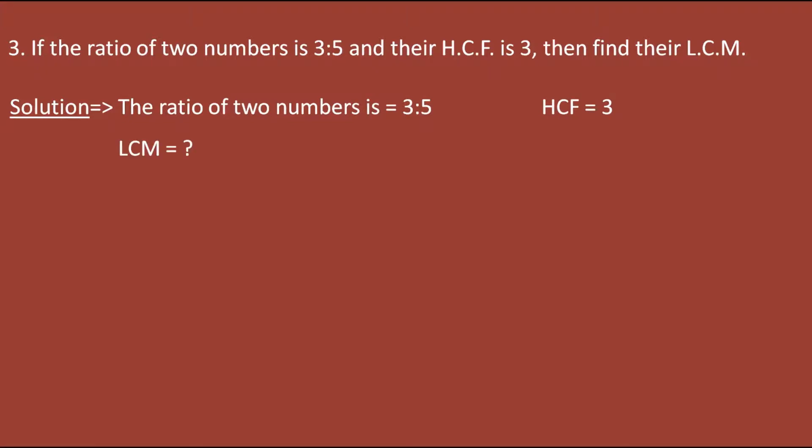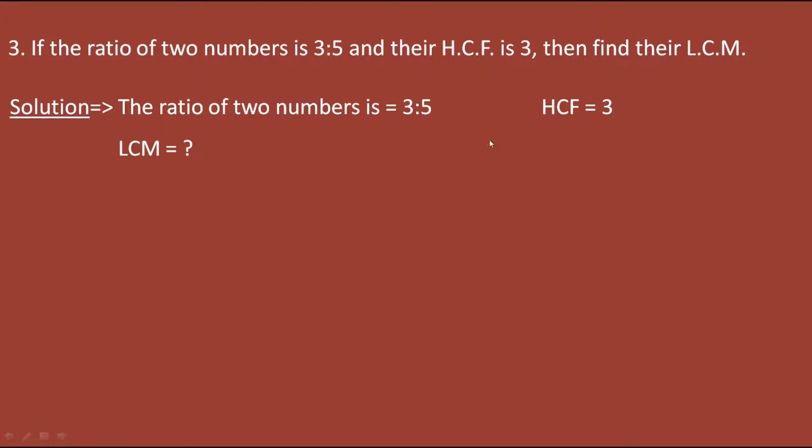As I told you in the first question, HCF is a common factor, and when they give us the ratio, we have to multiply that ratio with the common number. Then we will get those numbers. So here they have already given us the common factor, that is 3.